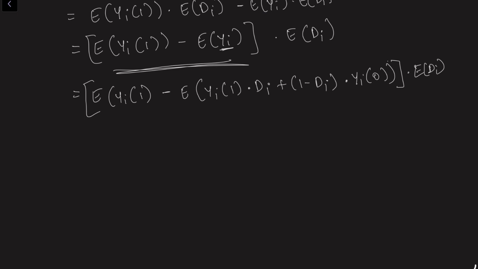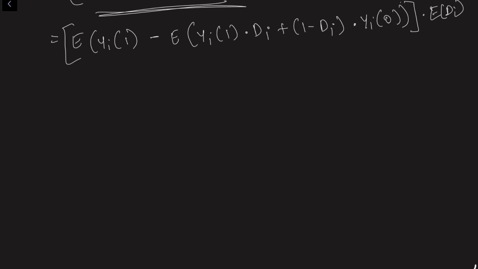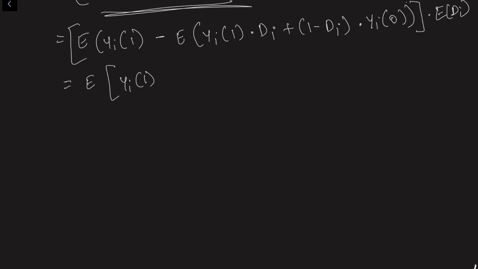Let's further simplify the things inside this bracket. So let's take this expectation out and make this a whole expectation so that we can write this quite easier. So expectation of yi of 1 minus yi of 1 times di plus, now that this minus sign has gone inside, it should be minus 1 minus di times yi of 0, and of course still the whole multiplied by expectation of di.